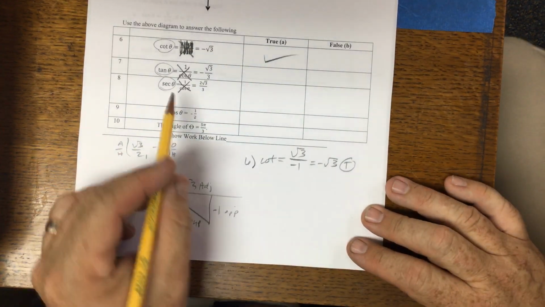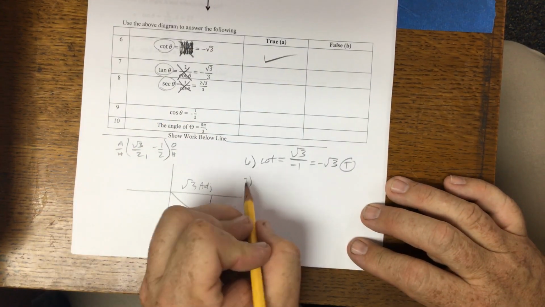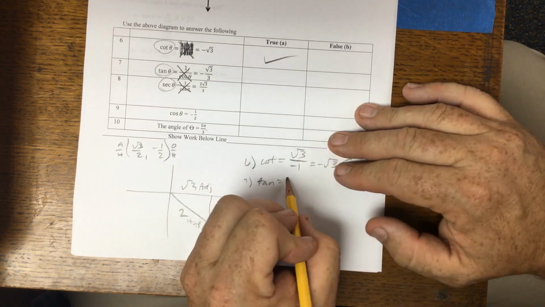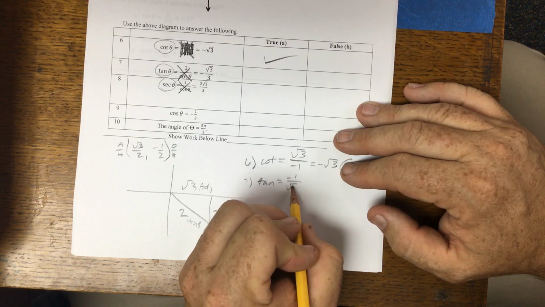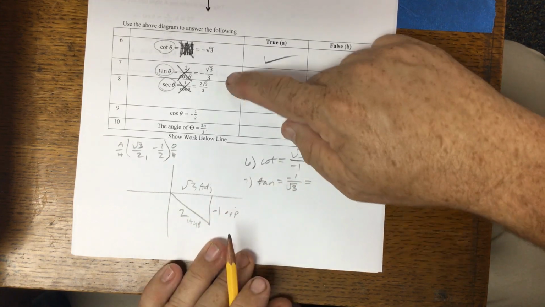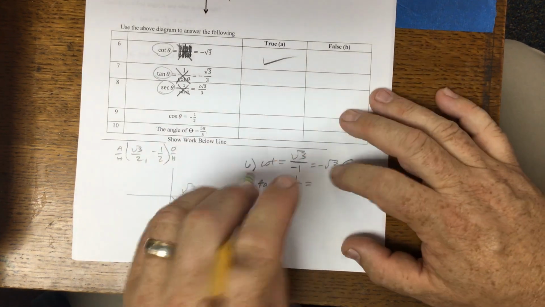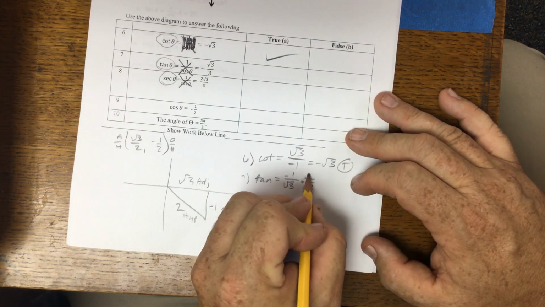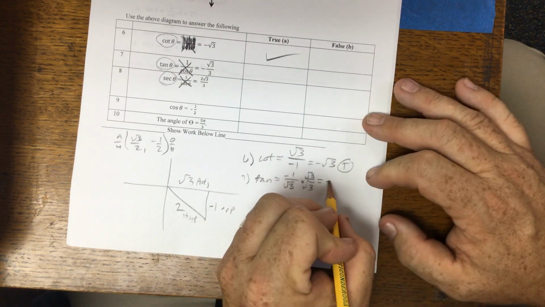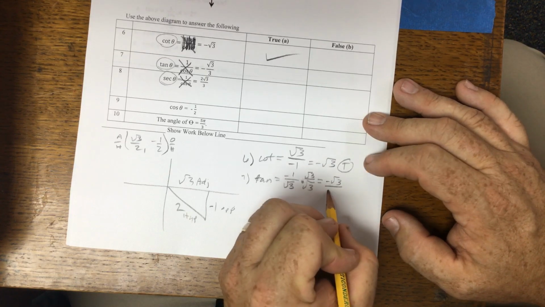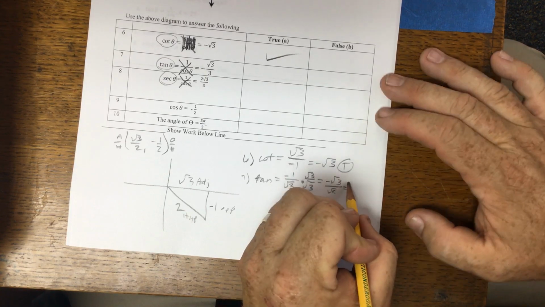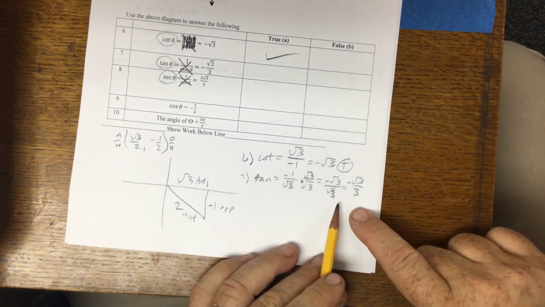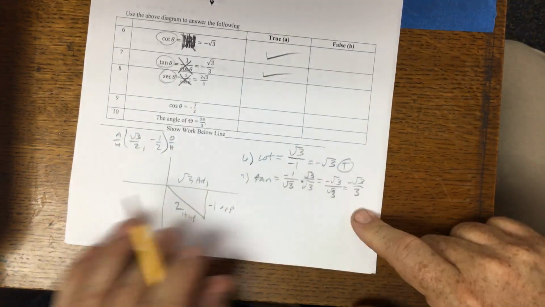True, I mark A. And then if I go 7, tangent, it's going to be the inverse of this, negative 1 over root 3, or the reciprocal. If I simplify that out, I'm going to multiply top and bottom by root 3. Gives me negative root 3 over the square root of 9, which is negative root 3 over 3. Negative root 3 over 3 is true.